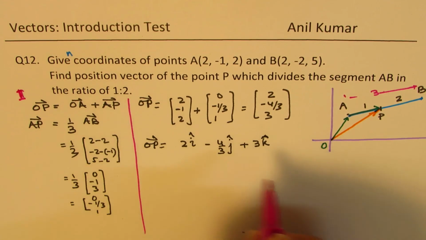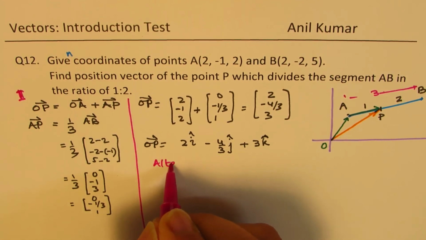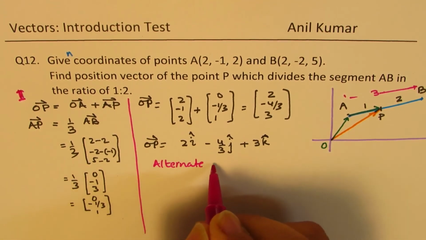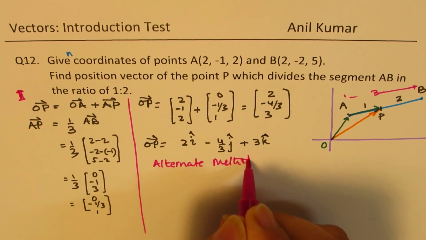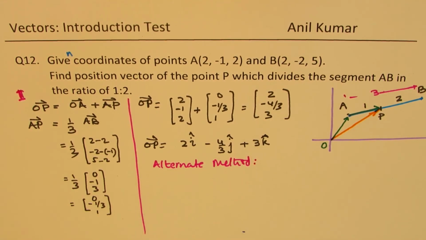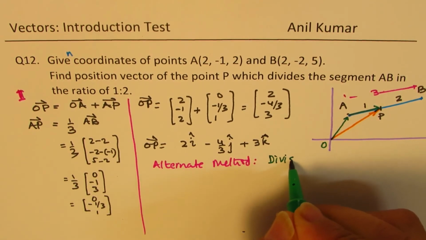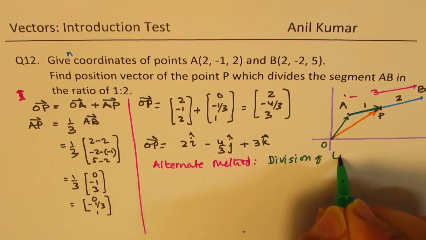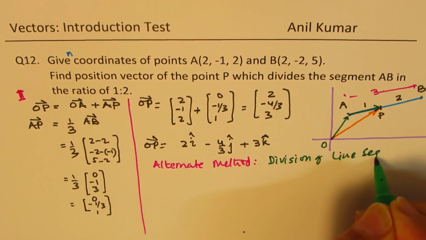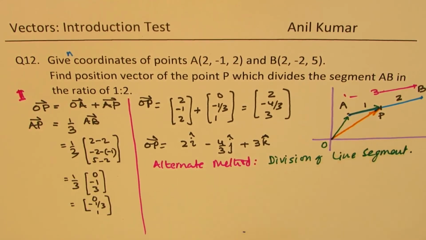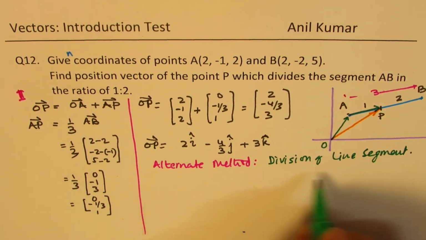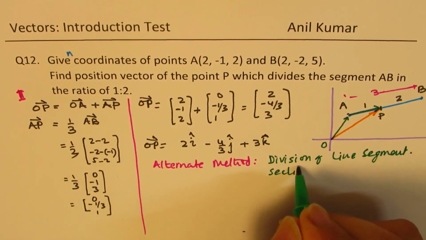Okay. Here is an alternate method, in which we work on the line segment. So we have examples on division of a line segment, where we use the section formula.